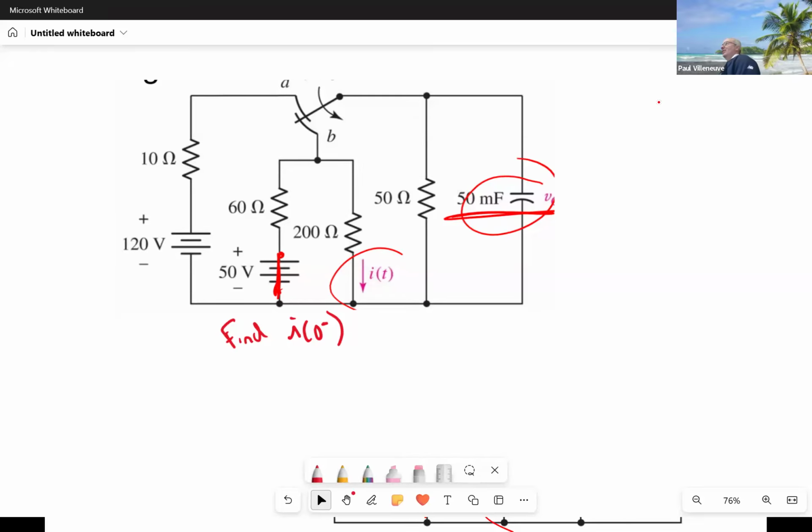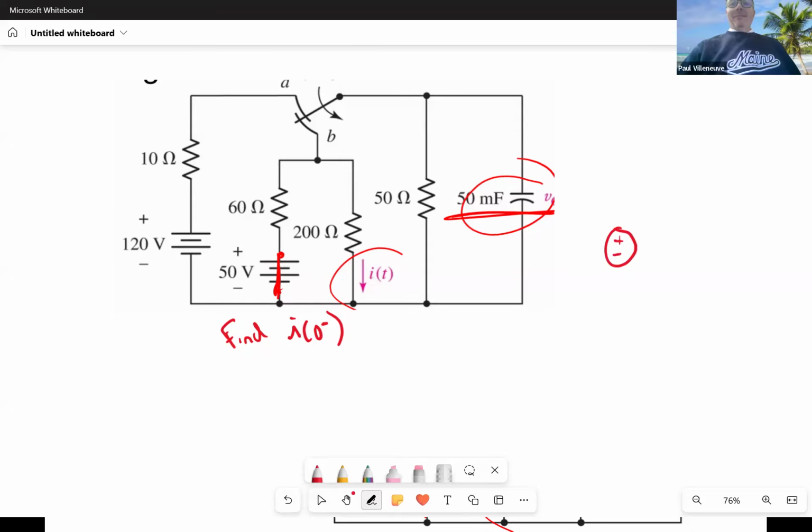All right, who's got the answer? I got 192.31 milliamps. Anybody else get that? How'd you do it? Since the switch isn't thrown yet, that was just a series circuit. So I just added up the two resistances.